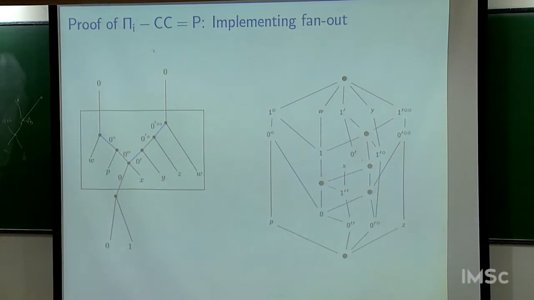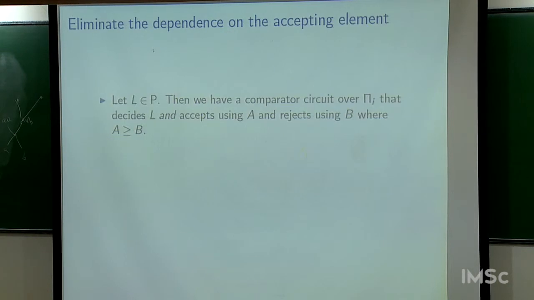Right. So if you look at this lattice, it only outputs 1 or 0 because it's directly simulating the Boolean circuit. So our comparator circuit over that pi I will output some A or some B. I mean, it will use some particular element in that lattice to accept, and when it rejects the input, it will always output some B. And we know that A is greater than or equal to B, from that reduction.